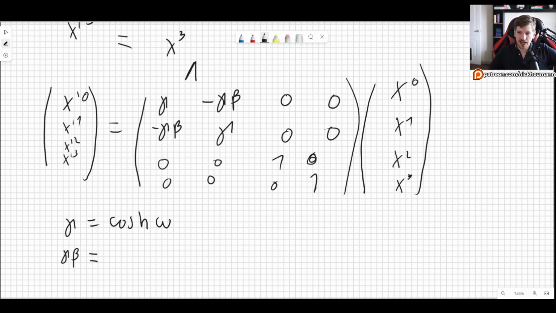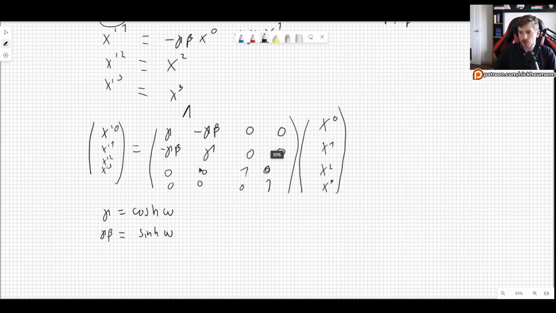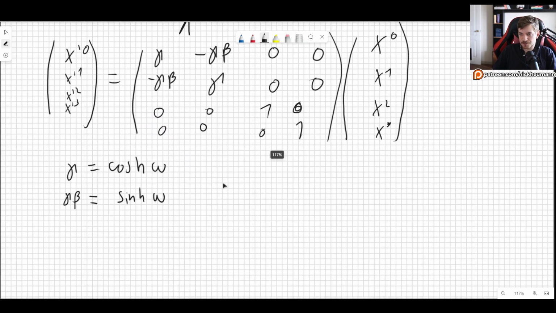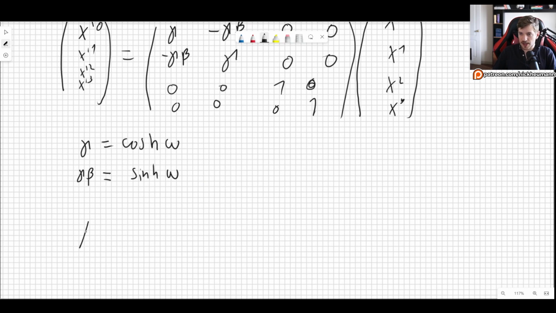And we will define gamma beta as the hyperbolic sine of omega. Now, why do we do this? Because that way we are going to get a matrix that looks like this. So our lambda, I'm not going to use any superscripts for now. I'm just going to say lambda, and there's going to be sub and superscripts, but for now, I just want to introduce the matrix itself, and then we will work with that.